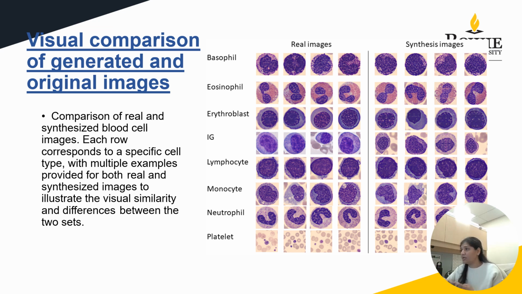And these are the different classes of the images, and you can see that the generated images look the same as the real images, except the immature granulocyte results, because in immature granulocytes there are different stains, and also different types of blood cells in them. So because of the mixture, it has a different output compared to the other blood cell types.